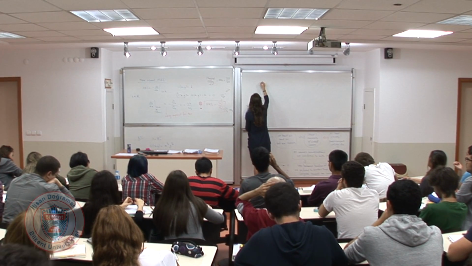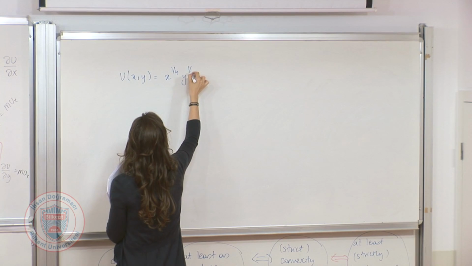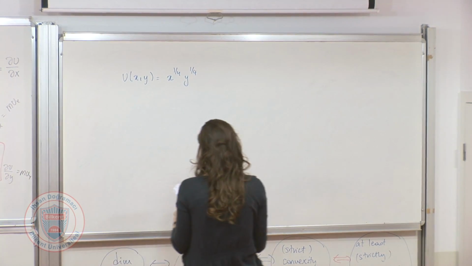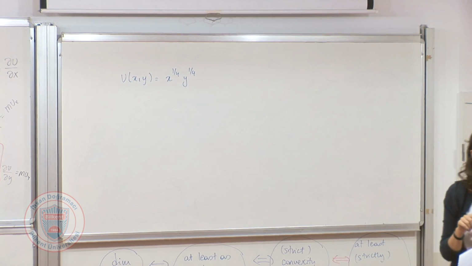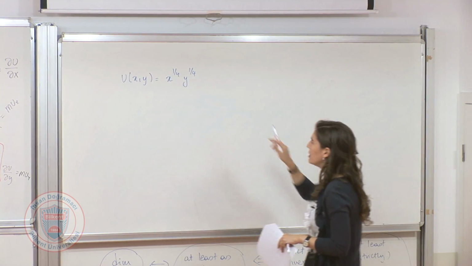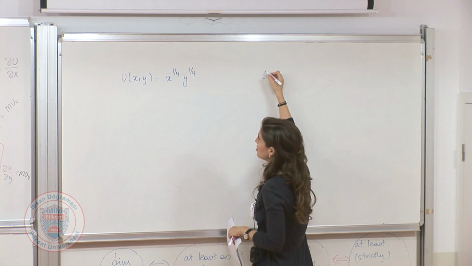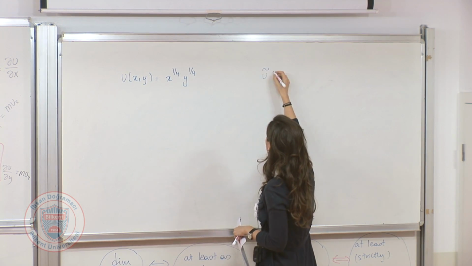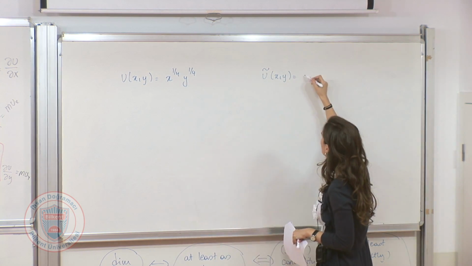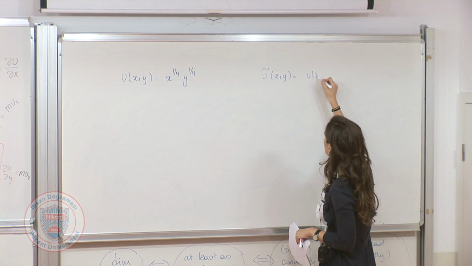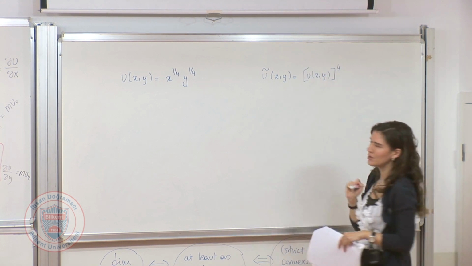We had this utility function, x to the power 1 over 4, y to the power 1 over 4. But in order to draw the indifference curve, we set it equal to 5, but instead we used this one, U of xy, which is the utility function to the power 4.